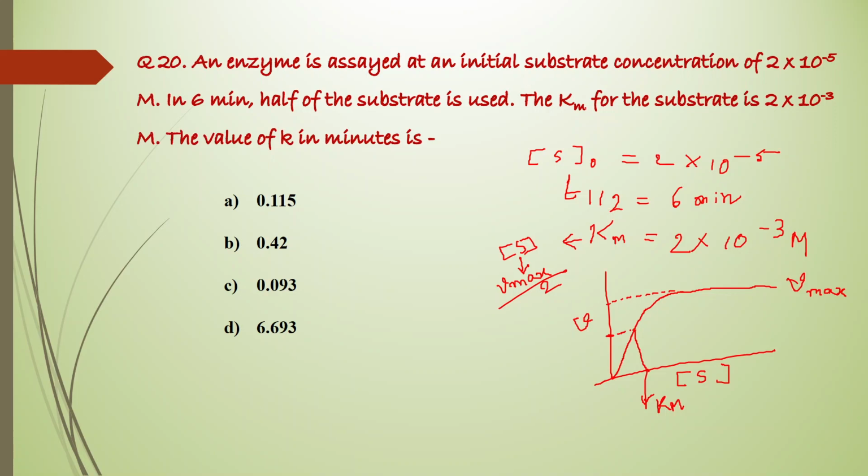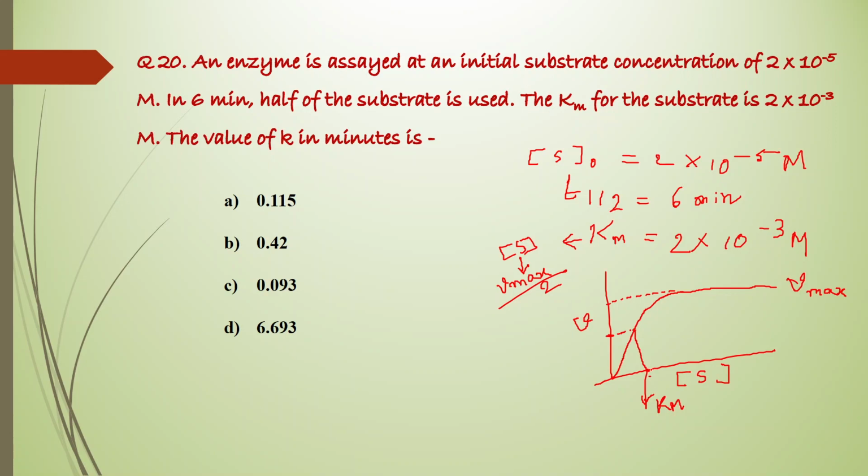Now look at the initial substrate concentration that is given. The initial substrate concentration is 2 into 10 to the power minus 5 molar. We have already written it down here. That is very less than the Km value.